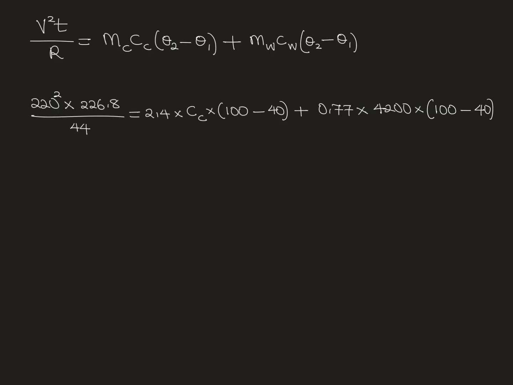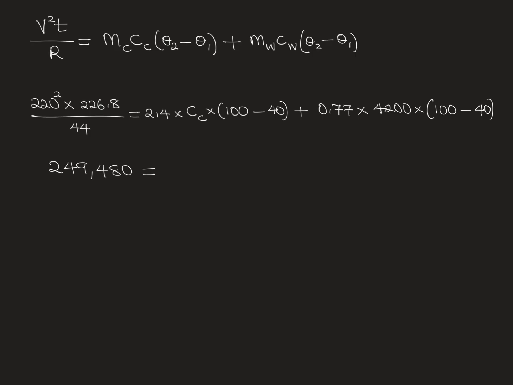So 220 squared multiplied by 226.8. The answer that you have, if you divide it by 44, you will have 249,480.